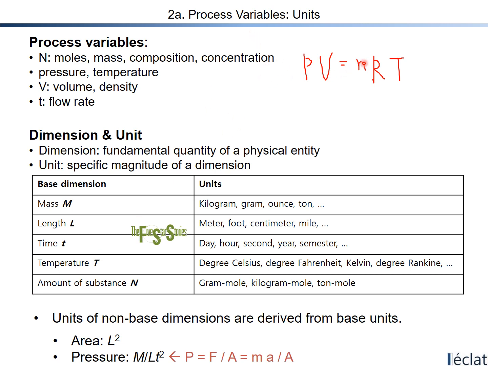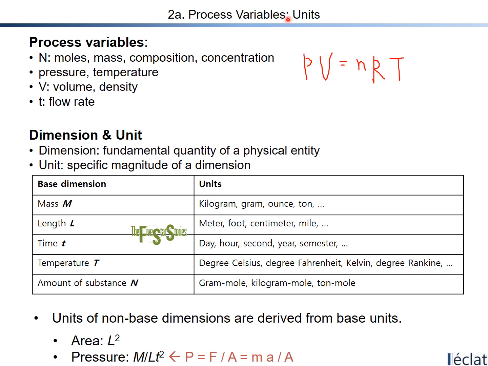So the first one is, actually let me start with N, number or moles. So number related variables include moles, mass, composition, concentration. The first two, moles and mass, are extensive variables, and the other ones, composition and concentration, are intensive variables.